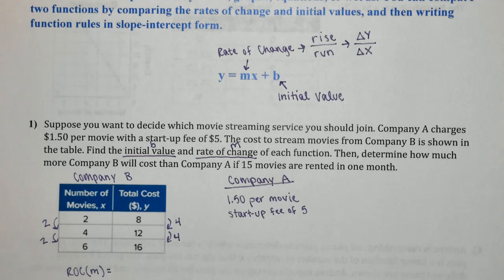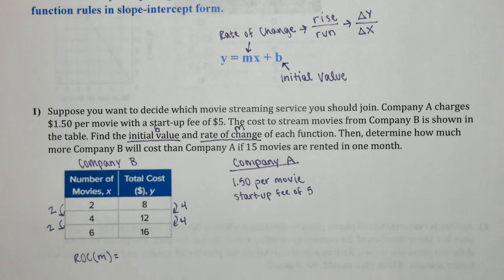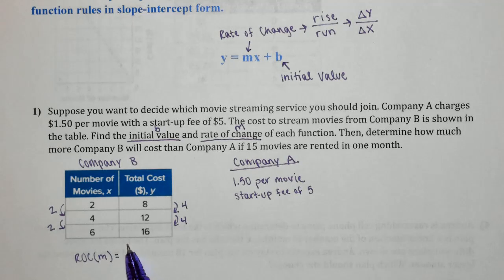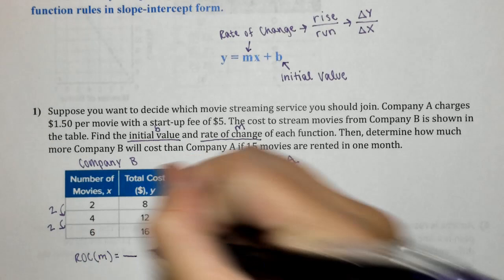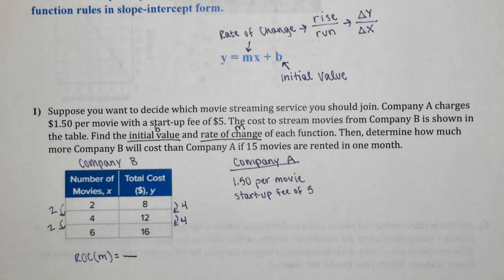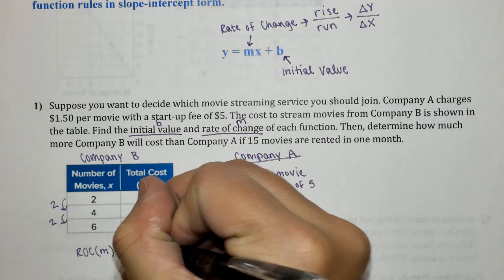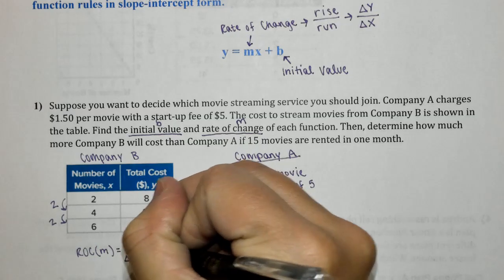If I come back down to number 1, I'm going to leave it where you can see it. I put the change in y over the change in x. I'll write it as a fraction because rate of change is the same as slope. We'll do change in y over change in x, and maybe it'll make you see it a little better.